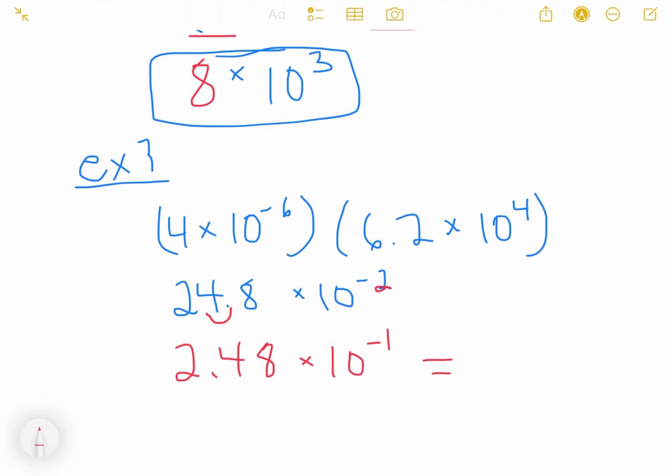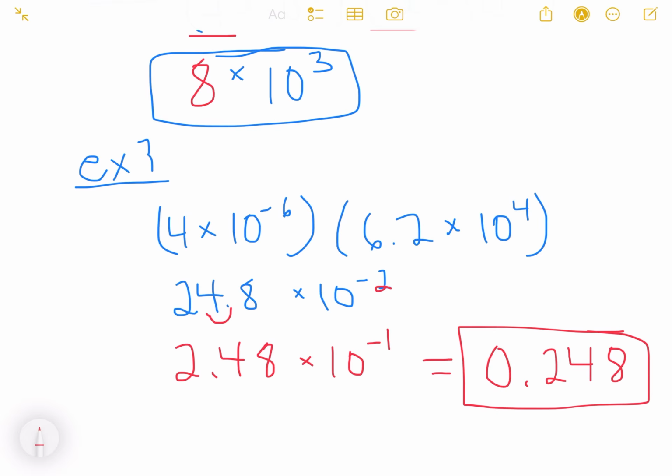So my actual final answer, if I wanted to write it out, is 0.248. That's not scientific notation, but that would be my actual number there, because this minus 1 tells me to move my decimal point 1 place to the left.